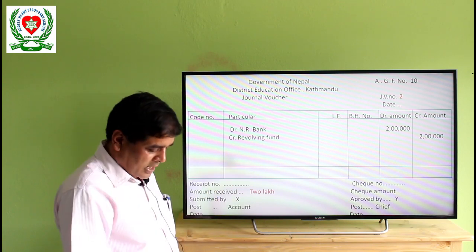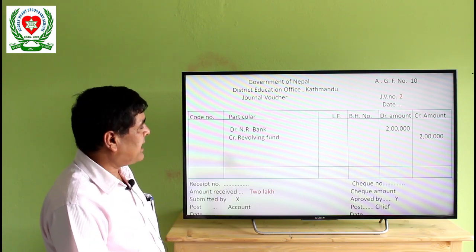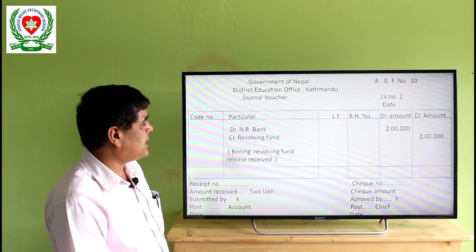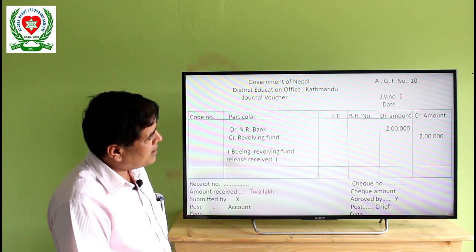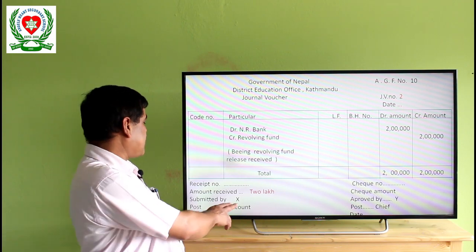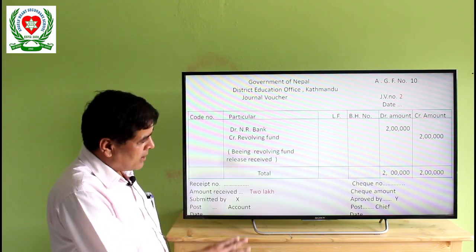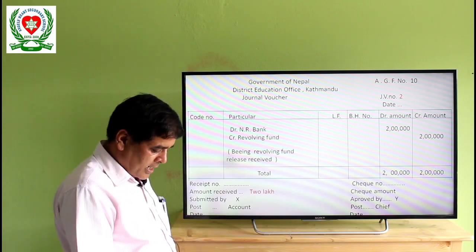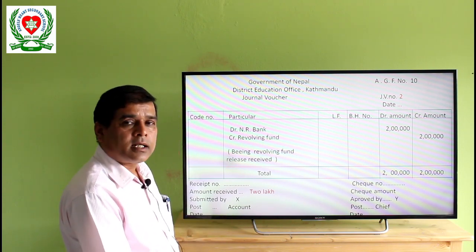Debit amount 2 lakh, credit also 2 lakh, and total will be 2 lakh, and narration should be written as being revolving fund release received. The amount 2 lakh goes in the receipt amount, nothing else to be written, and submitted by Mr. X, approved by Mr. Y, in the same way.